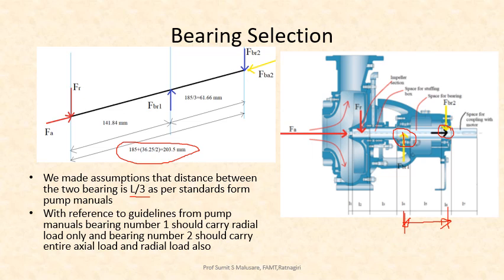With reference to the guidelines from the pump manuals, bearing 1 should carry the large amount of radial load only, and bearing set 2 carries the entire axial load and a very small amount of radial load. Now total L divided by 3 comes out to be how much? Already the answer is 181 point something, we have assumed it to be 185, so 185 divided by 3 is 61.66 mm.